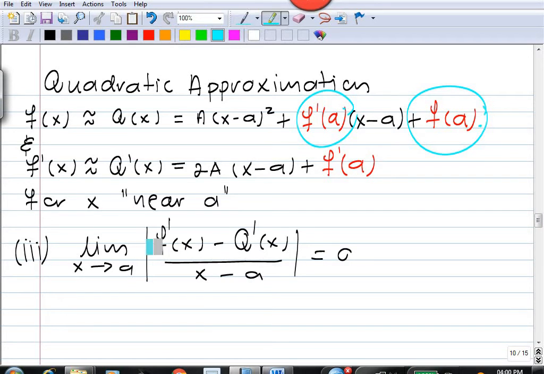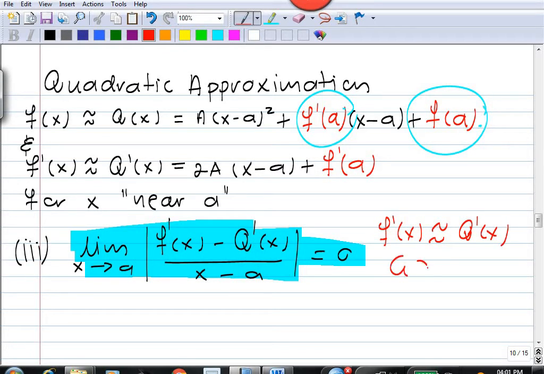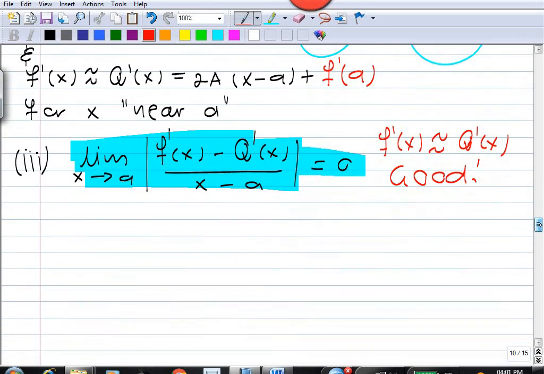Remember, we require this limit to be 0, because this tells us that the approximation derivative of f at x approximately derivative of q at x is good. Now, what does this look like?